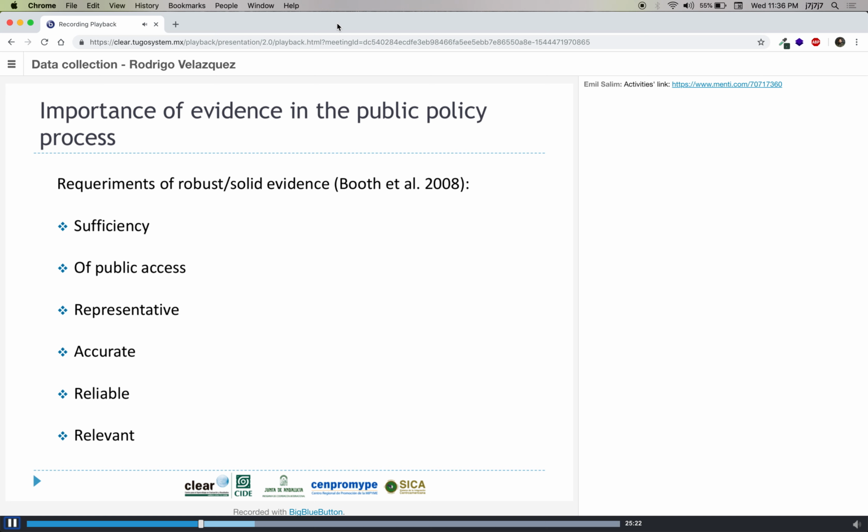So, when we talk about accuracy and when we show evidence that supports our argument, it is also very important to avoid terms such as some, many, frequently, generally.